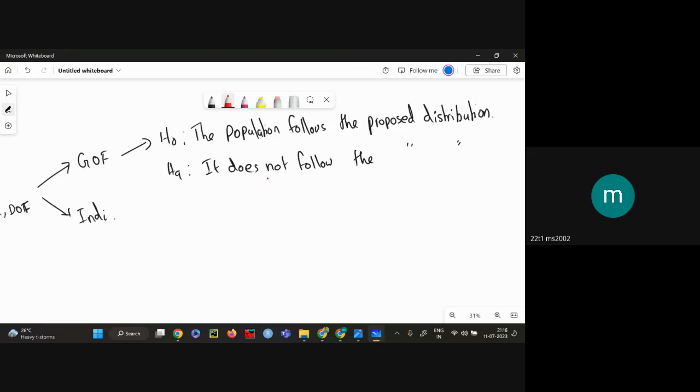I'll also write it because both are the same for the chi-squared test of independence.